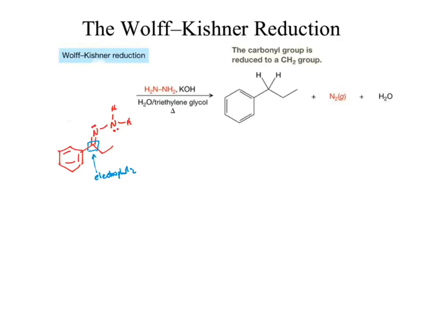Okay. What else do we have floating around? Lone pairs. Okay, lone pairs. What else? We have the KOH. What is KOH? A base, and potentially even a nucleophile. So we could run under the assumption that maybe that OH minus comes in and acts as a nucleophile.